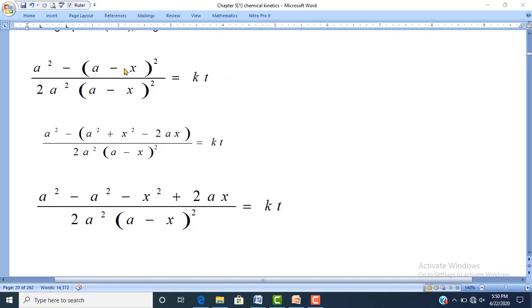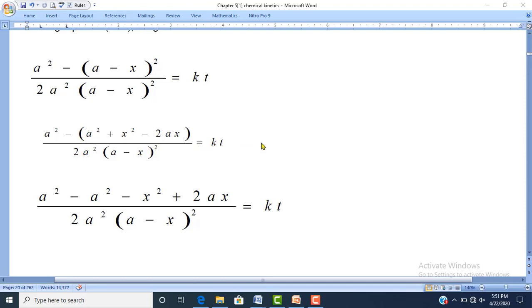If you apply the algebraic rule to this formula, (a minus x) square, then we get the value a square plus x square minus 2ax. So by opening this formula, we got the equation a square minus (a square plus x square minus 2ax) divided by 2a square into (a minus x) square is equal to the rate constant k into t.